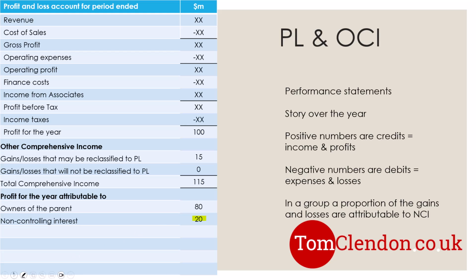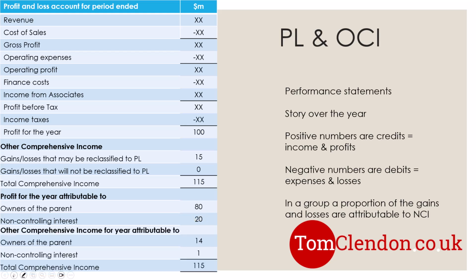You've also then got to take into account that the gains of 15 have been made, some of those in subsidiaries, and so you're splitting it out 14 and 1. The numbers are arbitrary. So the total comprehensive income of 115, there's an analysis done there.